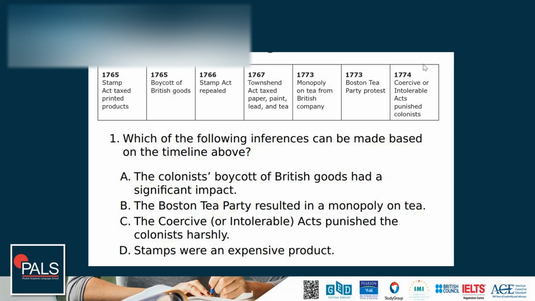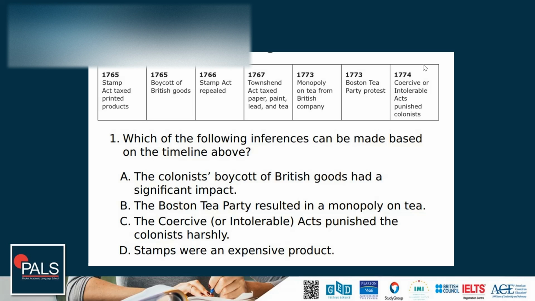Inferences are coming to conclusions based on some rational line of thought or observations from what's presented to you. So what kind of conclusion can we draw based on this timeline? Well, let's have a look at the timeline. Pause the video, look at it yourself. I'm just going to go through it right away.